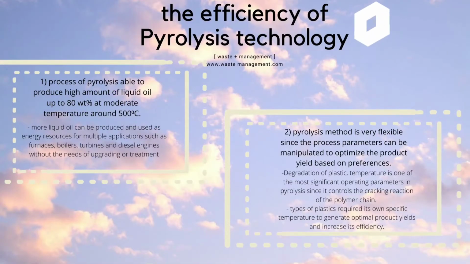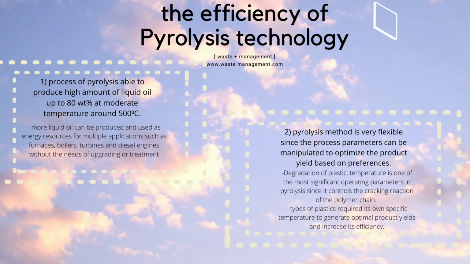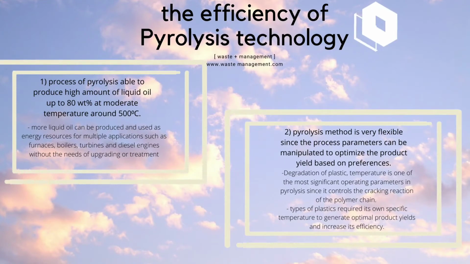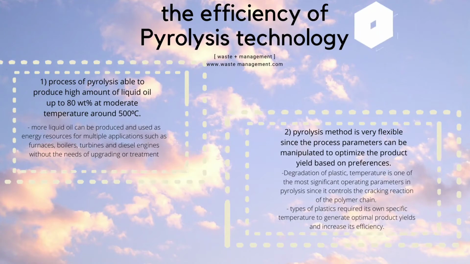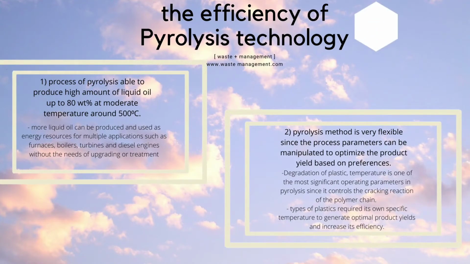The efficiency of pyrolysis technology. First, the pyrolysis process is able to produce a high amount of liquid oil, up to 80%, at a moderate temperature of around 500 Celsius. Second, the pyrolysis method is very flexible since the process parameters can be manipulated to optimize the product yield based on preference.